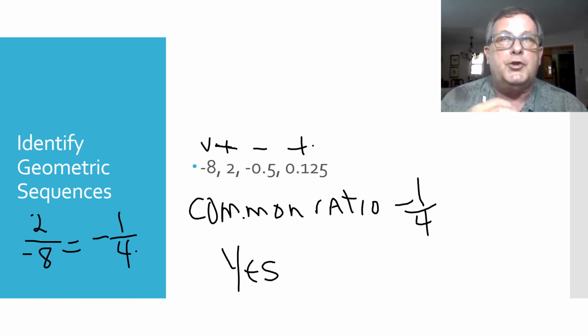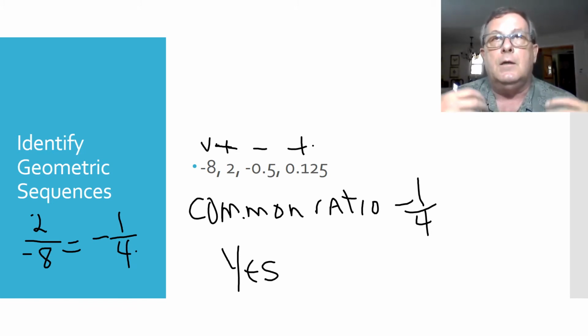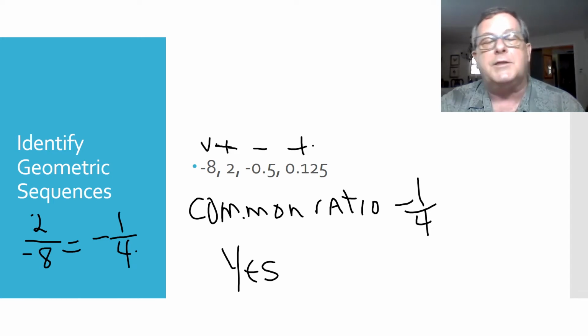That will help to ensure that you're getting a correct answer and not a false answer. Sometimes your calculator will not pick up those fractions where you're dividing a fraction by a fraction properly. And the best way to ensure that you've got that in the proper form is to put those fractions inside parentheses.